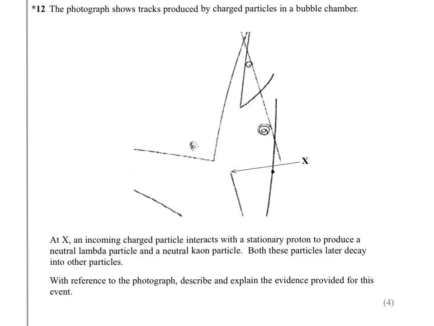So the two particles that can't be seen are heading in these two directions and then later decay into oppositely charged particles, and we can see that from the curves. These things are curving in opposite directions if you look carefully at the curvature of the pairs that are produced.